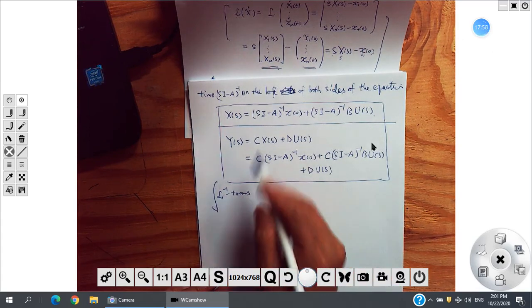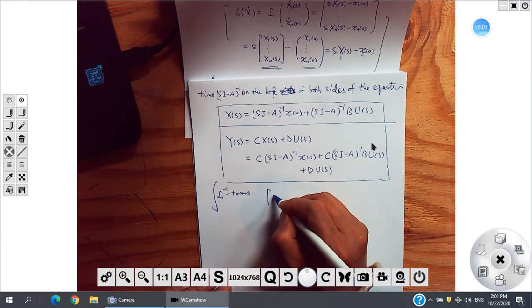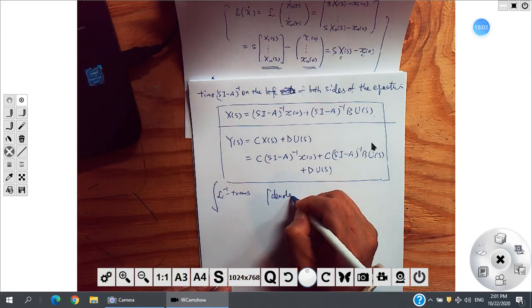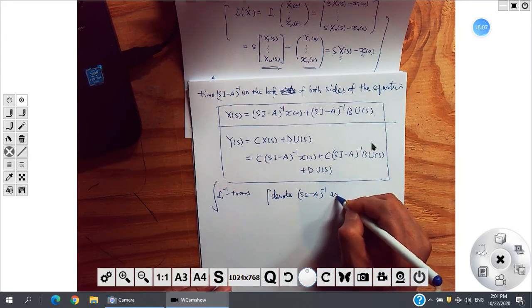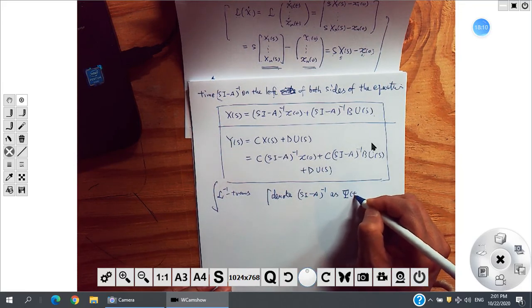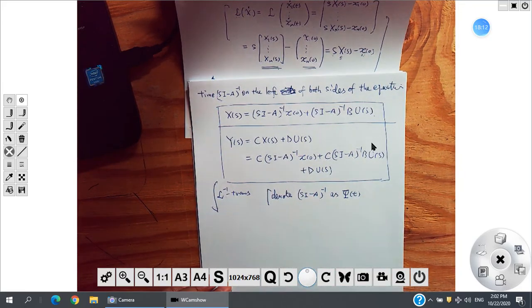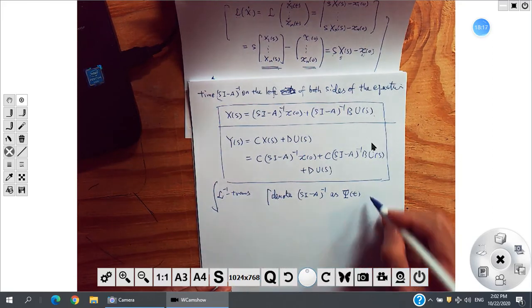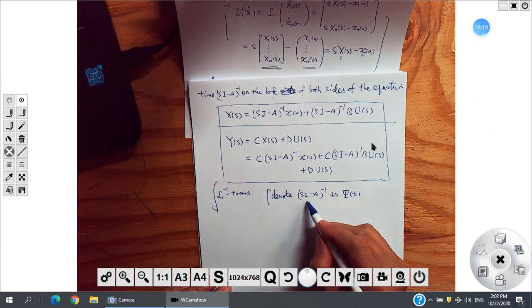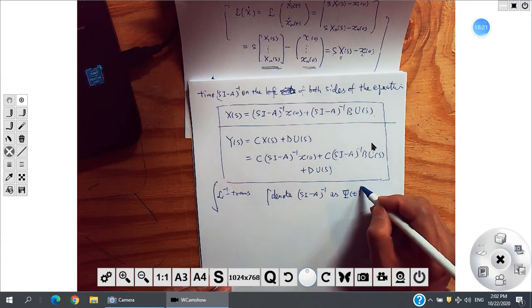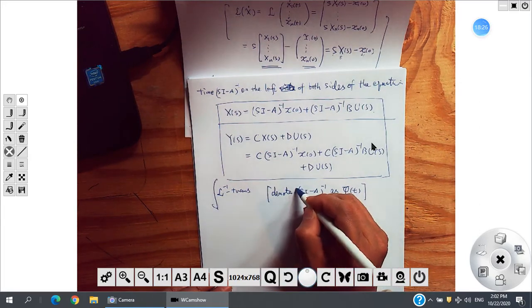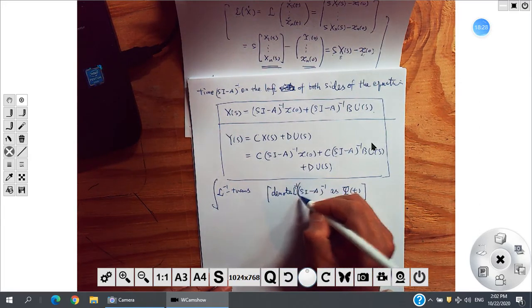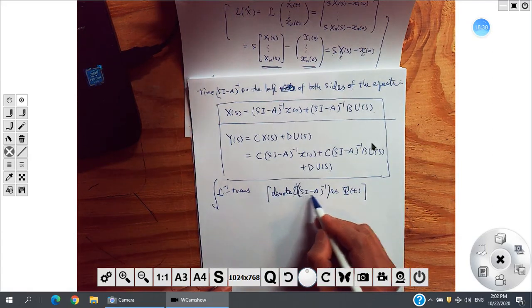The first one, we use a notation: denote (sI minus A) inverse, its inverse Laplace transform, as phi of t.